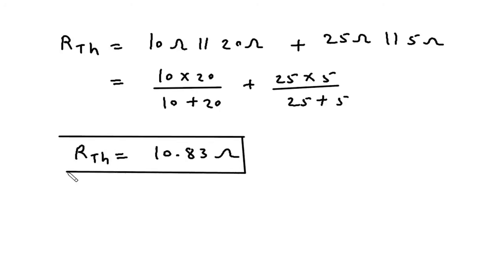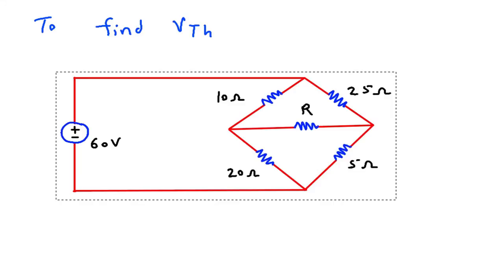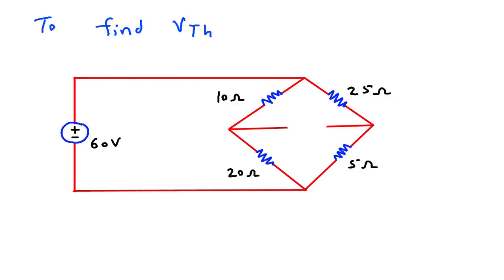Next we have to find VTH. To find VTH, here this will be our VTH, positive and negative. Now let's say this is the node with voltage VA and this is the node with voltage VB. Let's say this is a reference node.